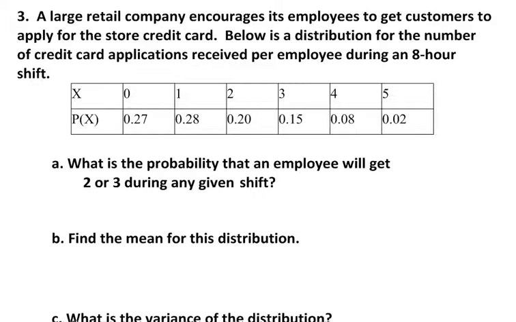The first question is, what is the probability that the employee will get 2 or 3 people to sign up during their shift? Now remember, when we're talking about probabilities, "or" means to add. So we're talking about the probability of 2 plus the probability of 3. So we'll simply look at 2 and 3 and their probabilities.